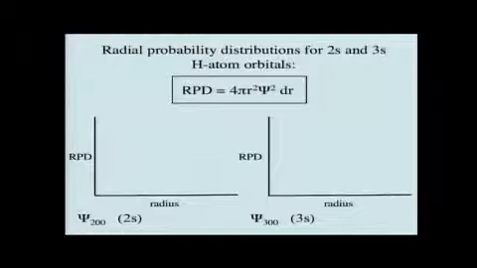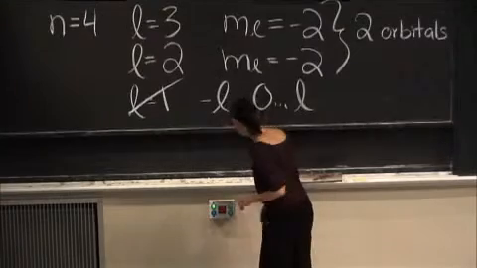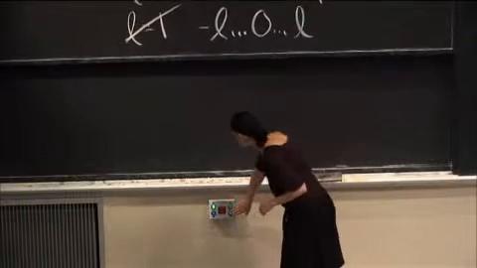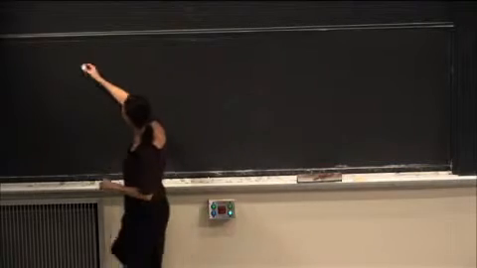So we can look at other radial probability distributions of other wave functions that we talked about. We talked about the wave function for a 2s orbital and also for a 3s orbital. So let's go ahead and think about drawing what that would look like in terms of the radial probability distribution.